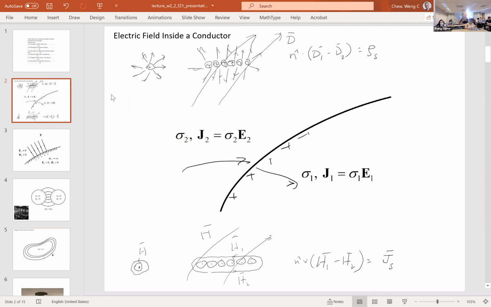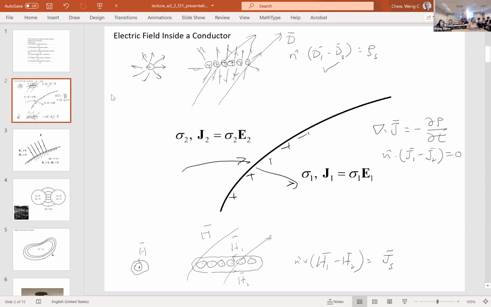Okay, so similarly, if you start with the current continuity equation, which the currents must satisfy, everything is finite on the right-hand side. Because of this, you can very quickly go through the thinking and show that n dot (J1 minus J2) is equal to 0, because the divergence of J is finite, just like how we derived this.